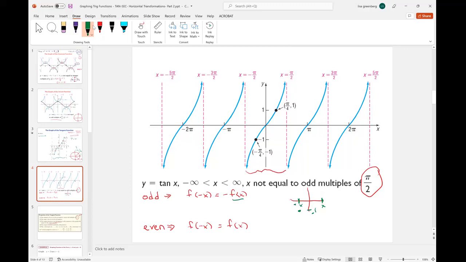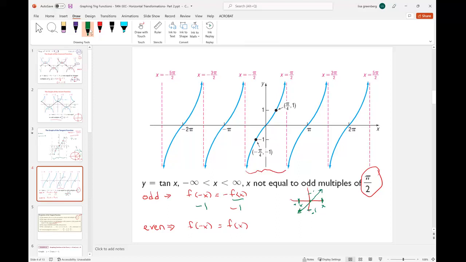Only if this equals negative 1 here, then this would have to be positive 1, so that when I add on this negative sign, they're equal. So I have another point here at positive 1. And notice how it's mirroring around the origin. So I could connect these two dots.